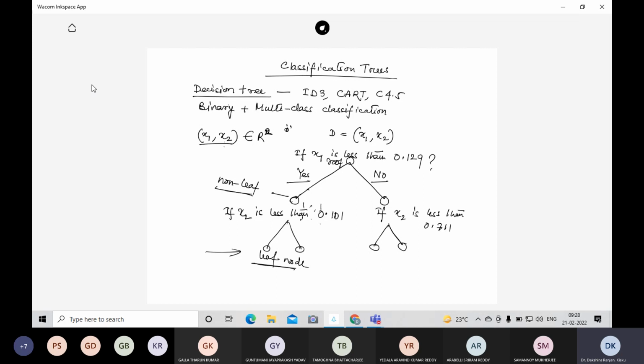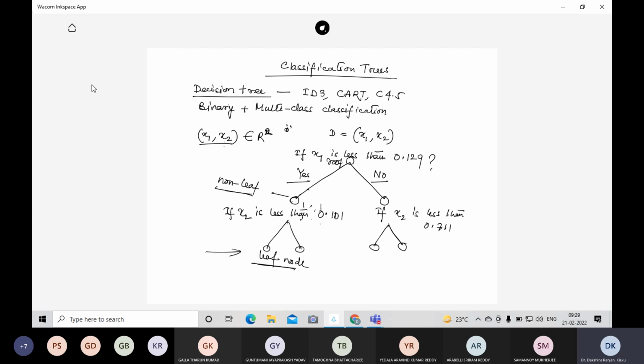At the end of the classification tree, we will have a number of leaf nodes, and leaf nodes will have some attribute value that denotes a decision. If we are dealing with binary classification, then we will generate class labels, either 0 or 1, yes or no, positive or negative. In this way we can classify the data which enters through the root node and is propagated through the non-leaf nodes.